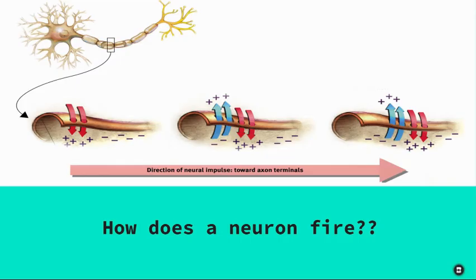So a depolarized neuron has more positive ions, leading it closer to an action potential. A hyperpolarized neuron doesn't have enough of those positive ions to get over that threshold and is less likely to have an action potential, or for it to fire.